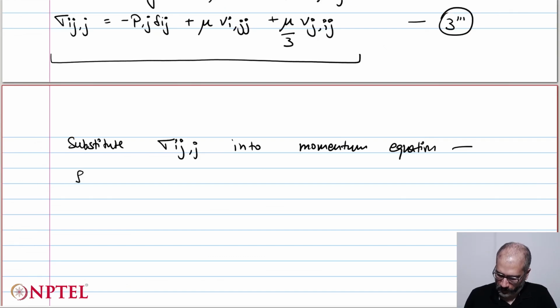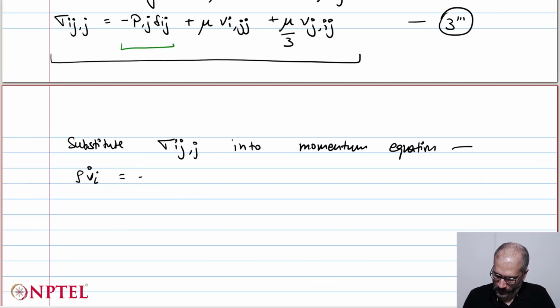The momentum equation was rho vi dot is sigma ij comma j plus rho bi. So let's substitute sigma ij comma j here. Again, actually this term here that has pressure, we can apply the substitution property of delta.